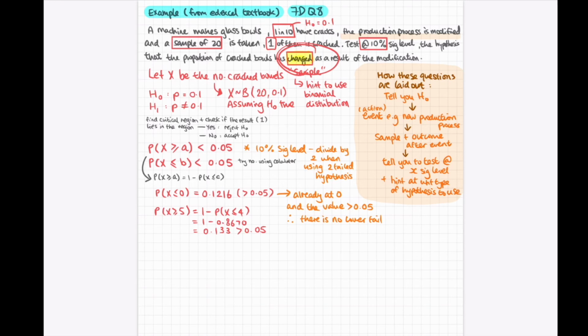And so 0.133 is bigger than 0.05, which means it's not the answer. So we try a different one, but it's close, so we try 6, which is 1 minus the probability x is less than or equal to 5, which is 1 minus 0.9568, which is 0.0432.